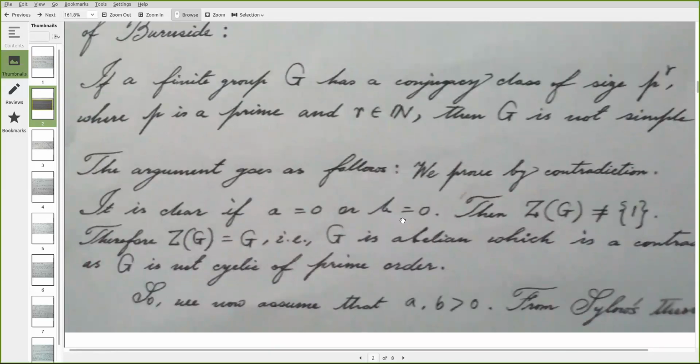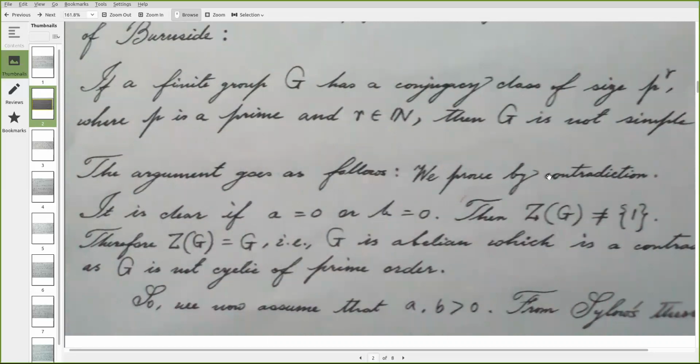Let's first see that the conclusion is clear when a is equal to 0 or b is equal to 0, because then the order of the group will be a power of some prime, and for such groups we have proved that the center is non-trivial. The center is also a normal subgroup, so the center has to be the whole of G, which means G is abelian. G is finite abelian and simple.